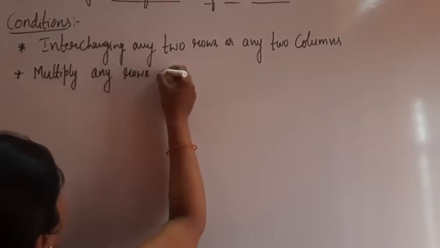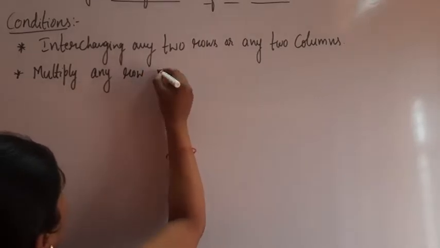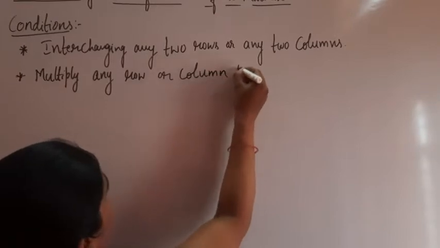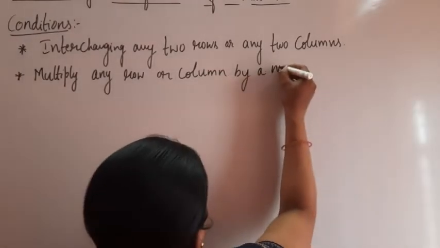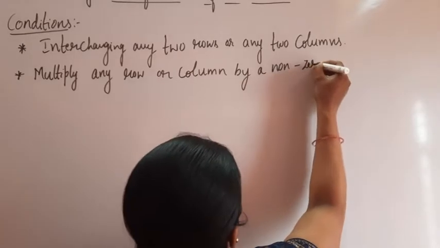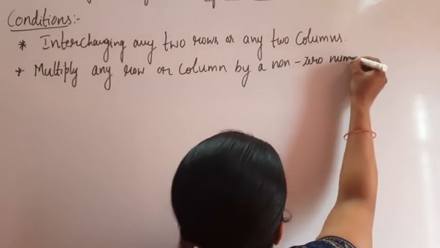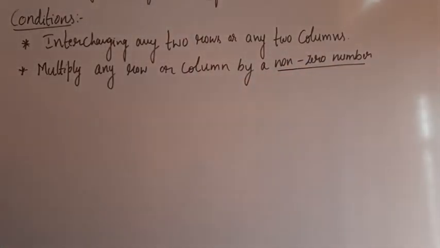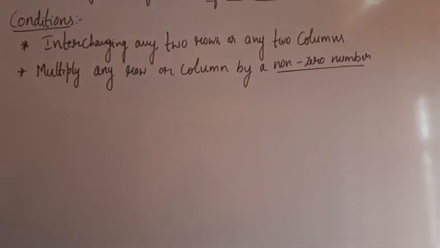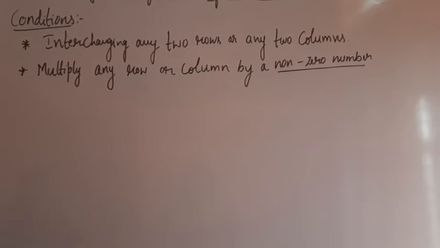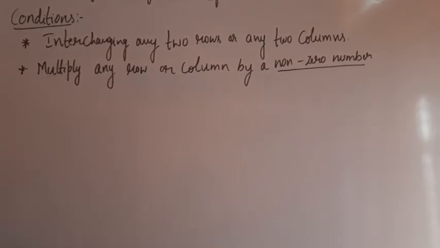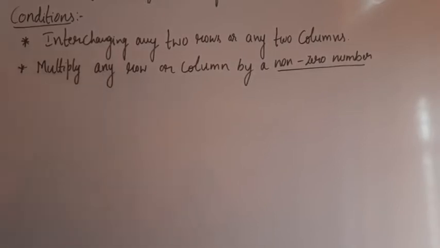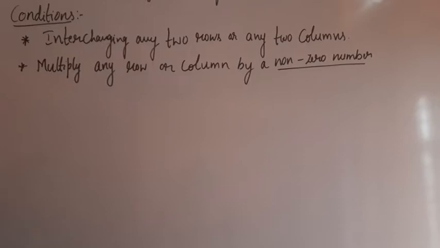This is very, very important. We can multiply only a non-zero number. If we take zero, then the row or column completely becomes 0 elements. Okay. So we can multiply the elements of any row or column by any non-zero number.